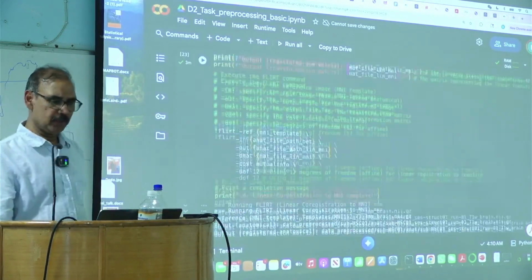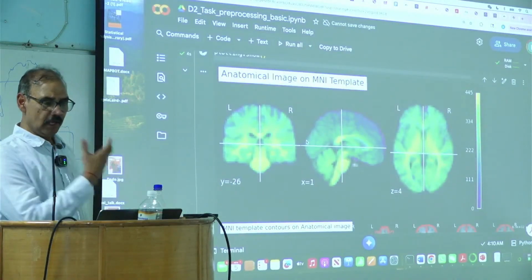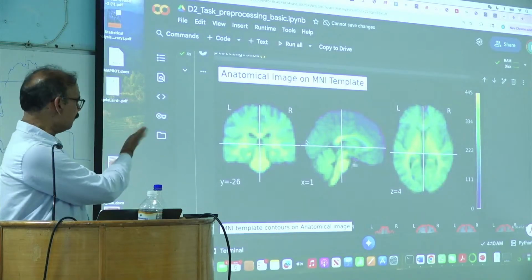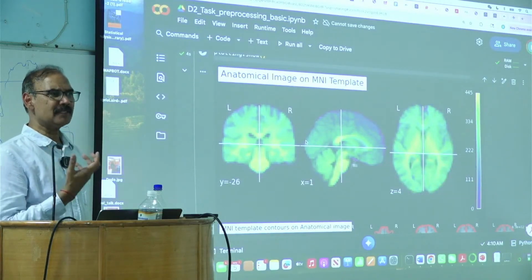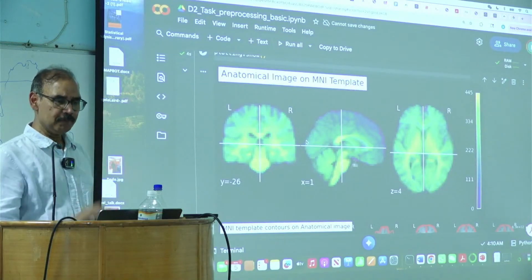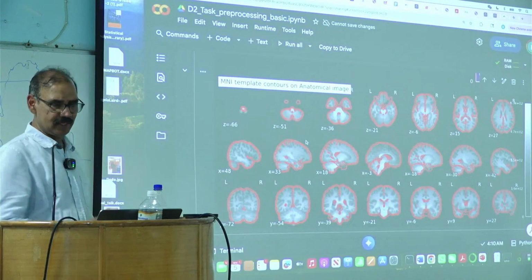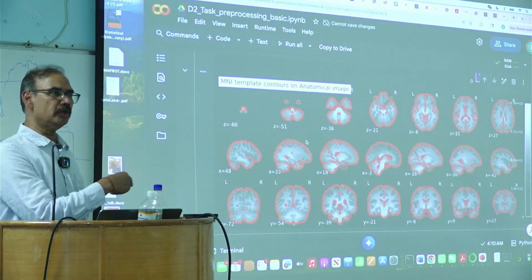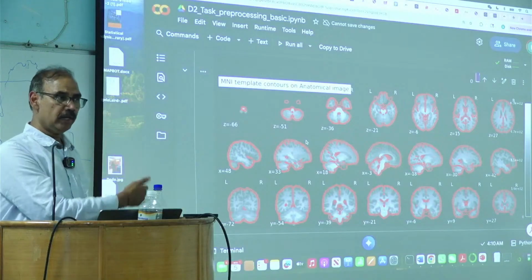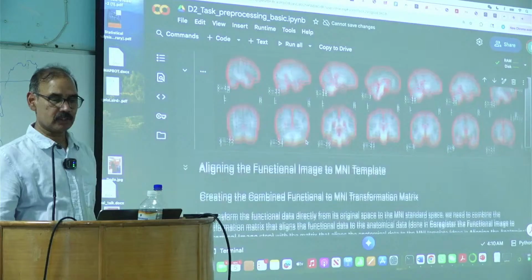What we are doing now is, after we do the registration, this one looks fine, but it's a little hard to say whether it did a good job or not. Visually it's a little easier to plot the contour of one on the other, to see how it looks.